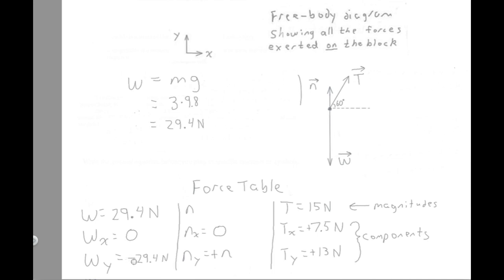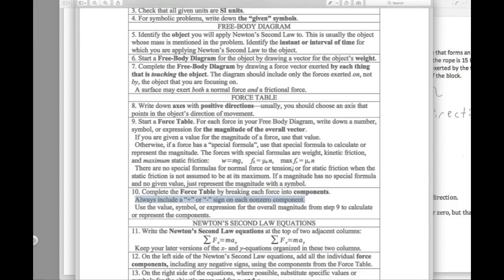Components can be negative, so when a component is positive, we should emphasize that with a plus sign. And we use the value or the symbol for the overall magnitude that we'd already gotten in the first row of our table to calculate or represent the components. We used this number to help get the components, and we used this symbol to help represent the components.